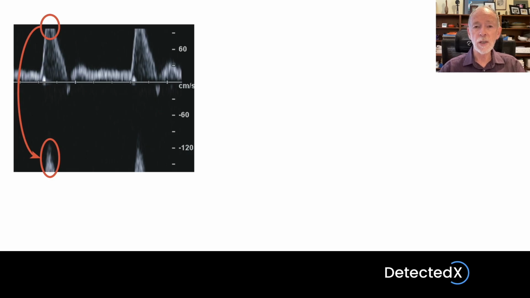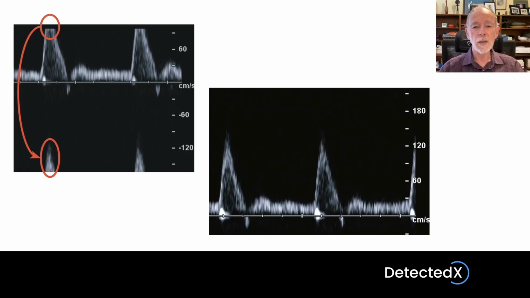Now, one of the advantages of the spectral display is that it's very easy to recognize when this artifact is occurring. In this case, the aliasing is not very severe, and it's quite possible to fix it by simply shifting the baseline. So here on the right-hand side, I have moved the baseline down to the point where there is no longer any aliasing.